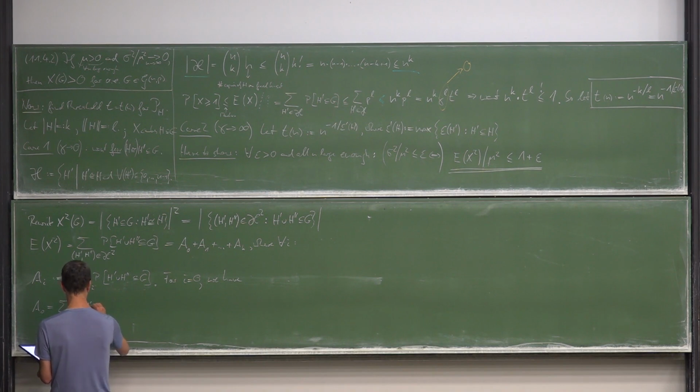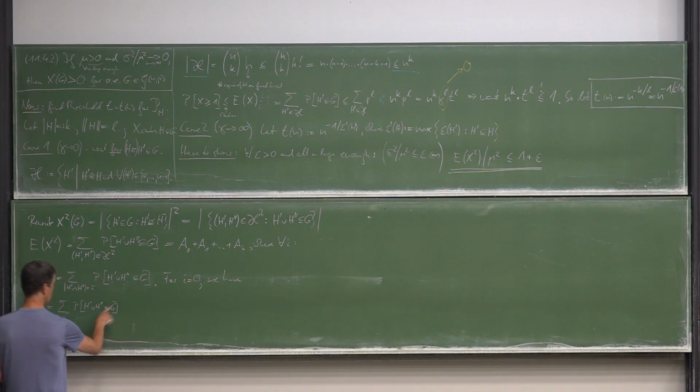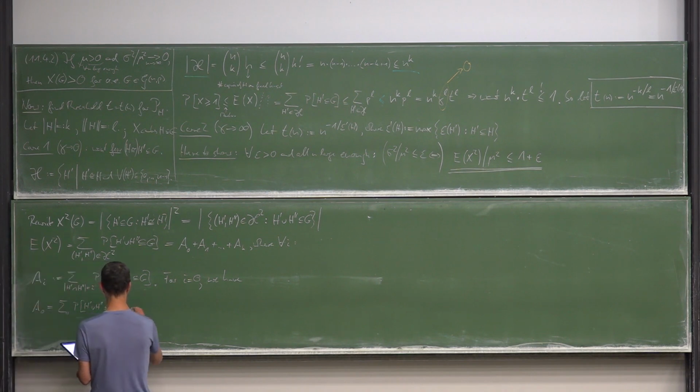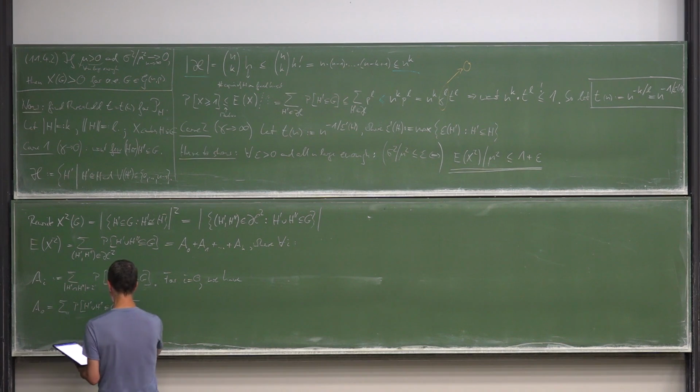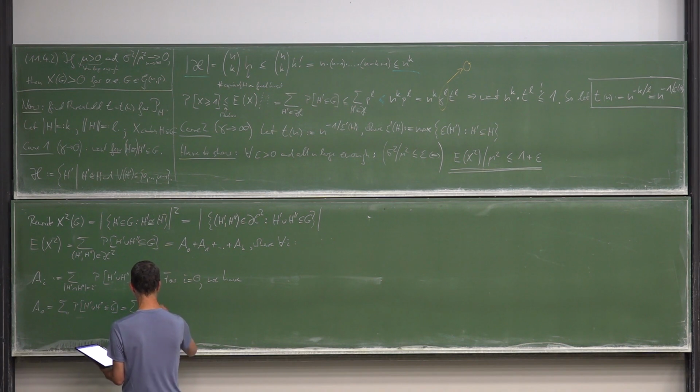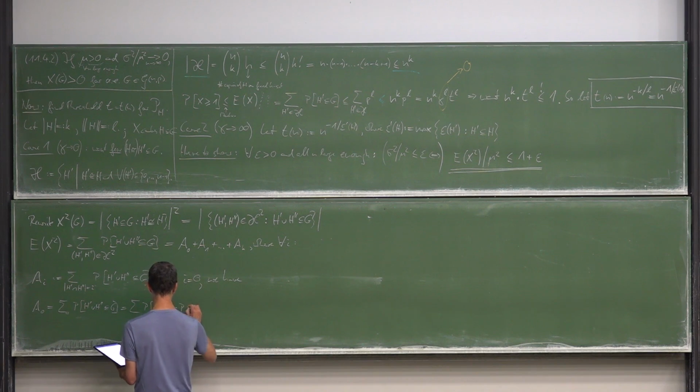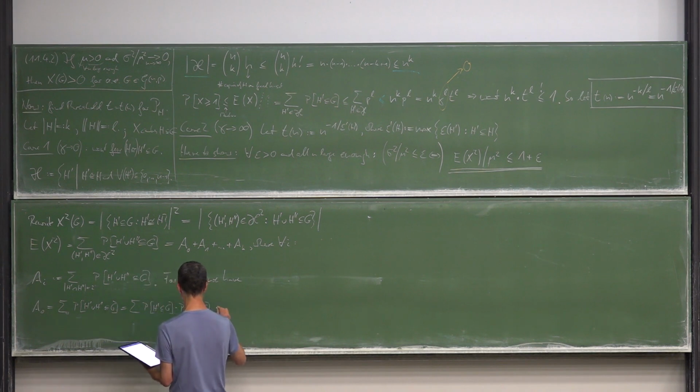I'm just copying this now, that H and H prime are both in G and they don't intersect. But if they don't intersect, then of course this happens independently. So the probability that they're both there is the product of the two probabilities. So that's P of H prime in G times P of H double prime in G.